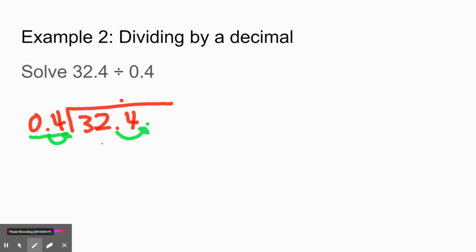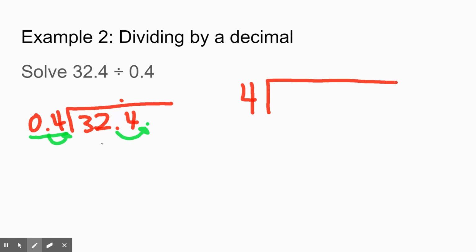So after we've done that, we get a new problem that is just 4 as our divisor, and our dividend is now 324. We still have a decimal. We can put it up here. And you'll notice we don't have anything after the decimal. If you want, you can put a 0 here. Sometimes that's very useful. If it's going to be useful this time, we'll find out.